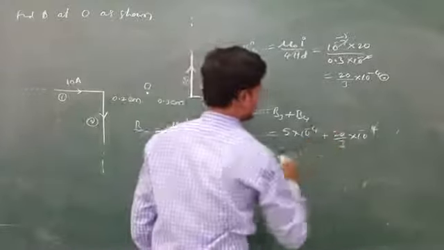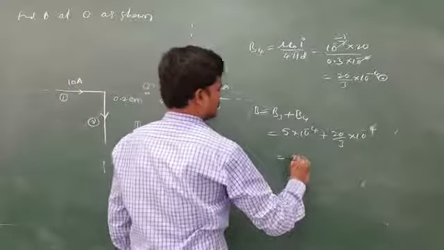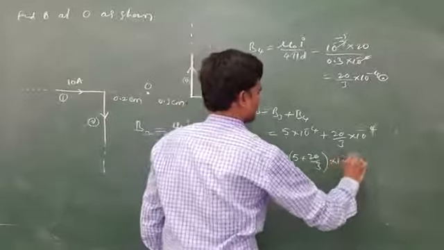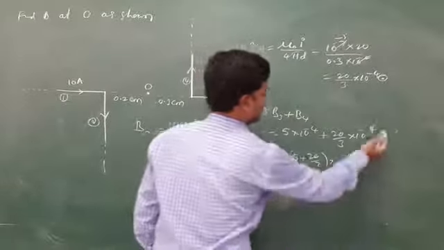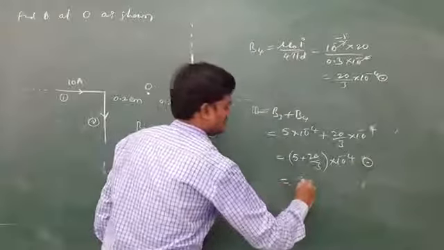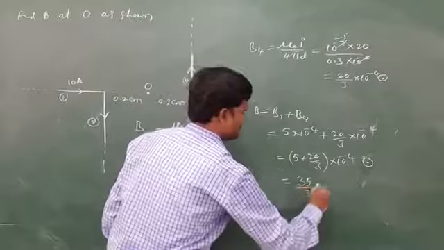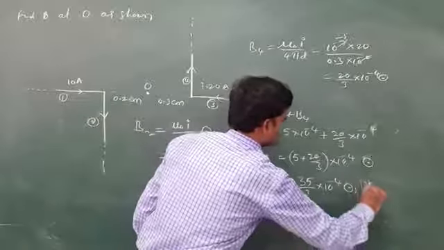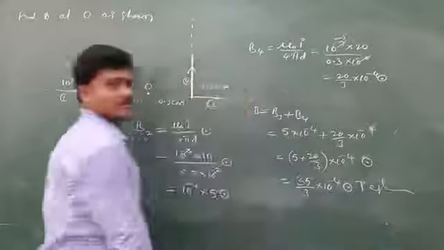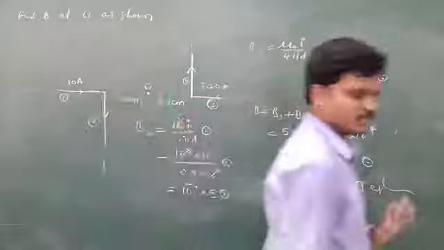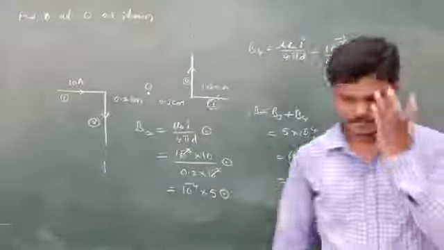Verify the calculations and you will get 5 plus 20 by 3, 10 raised to minus 4 Tesla, and here it is outward. That is 35 by 3, 10 raised to minus 4 Tesla outward. Simple question. Based on the given values, just extend the calculations.